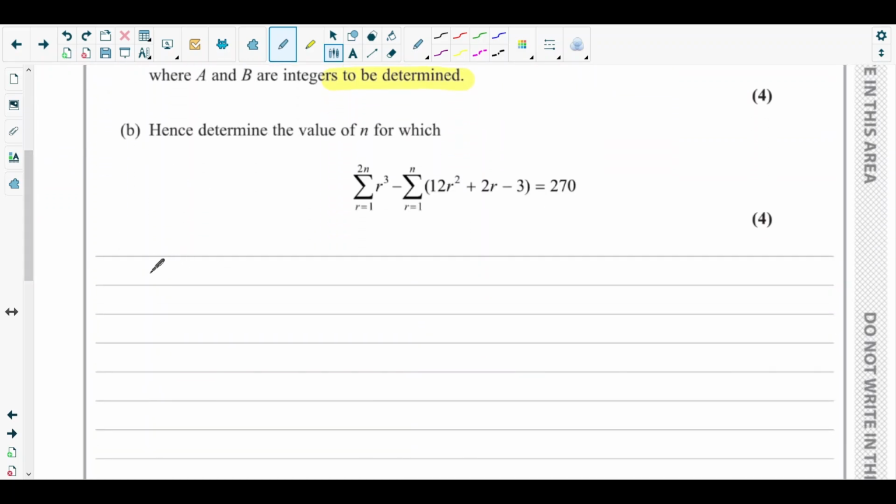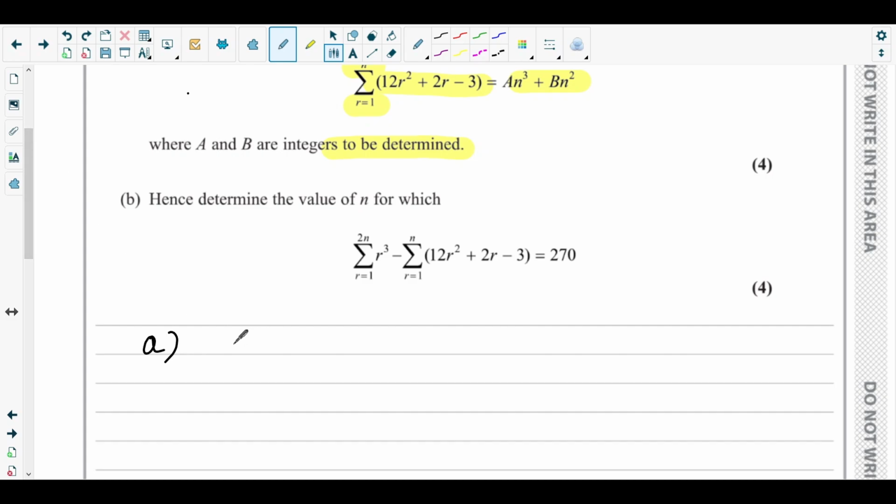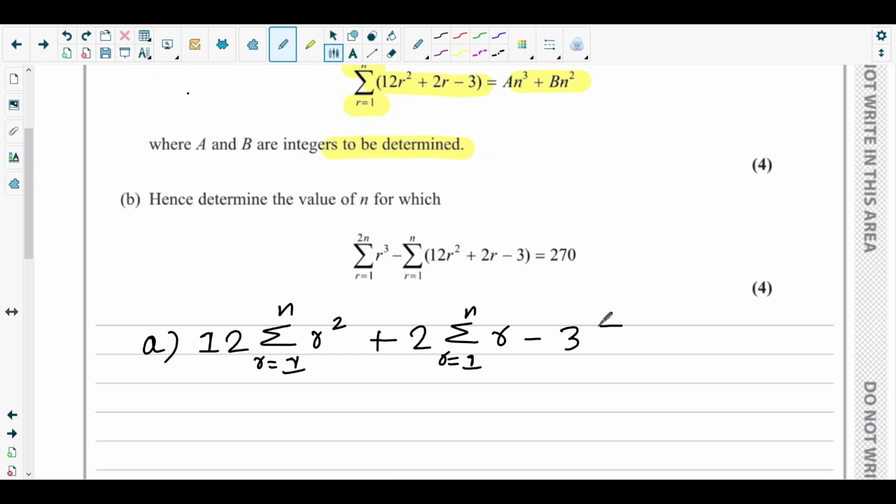So for part A, we can write this summation equation as 12 times, taking 12 outside the summation, the sum of r squared from r equals 1 to n, plus, taking 2 outside the summation, the summation of r from r equals 1 to n, and then negative, taking 3 outside the sum, the sum of 1 from r equals 1 to n.